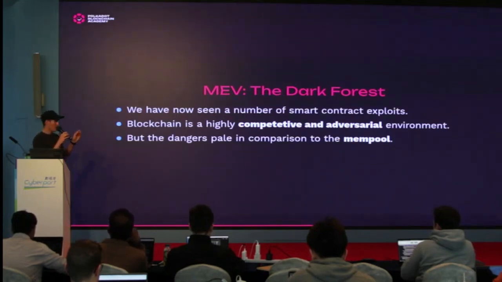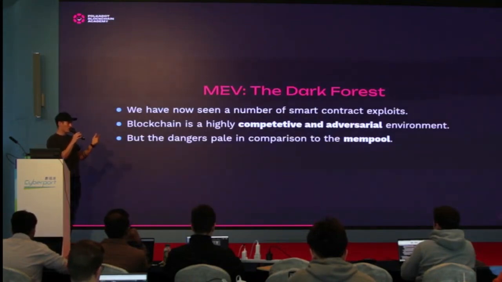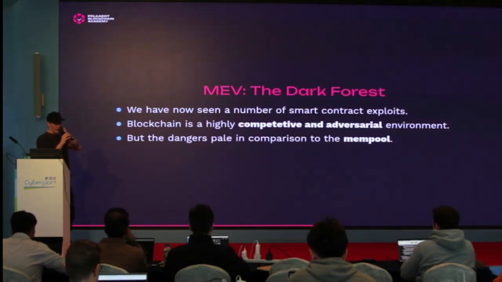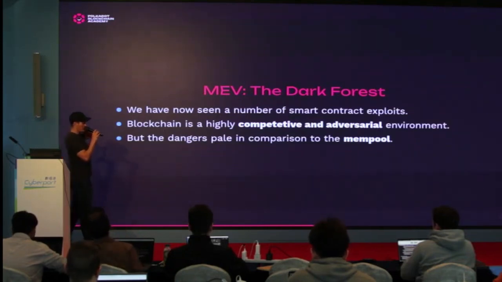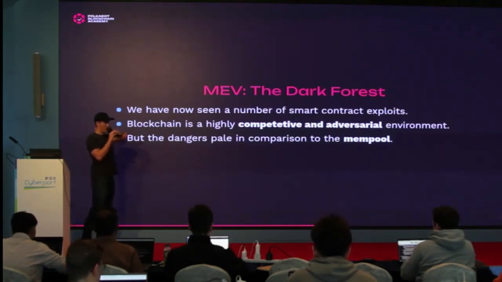So whenever a user, a searcher, or someone creates a transaction and you send it, you do not send it directly to a block producer, a validator. It enters a mempool. And MEV comes from the fact that in a mempool, everything is public, so everybody can read from that mempool.